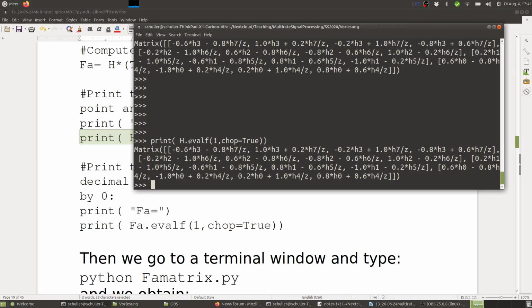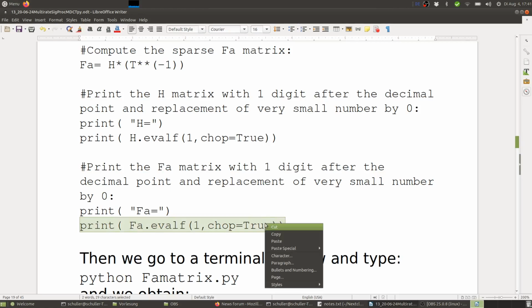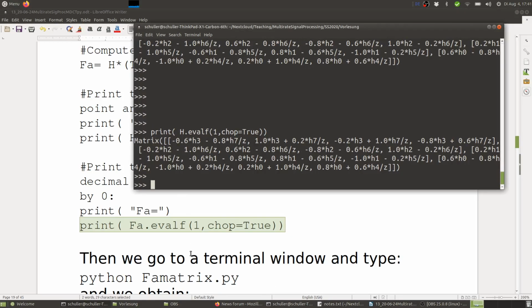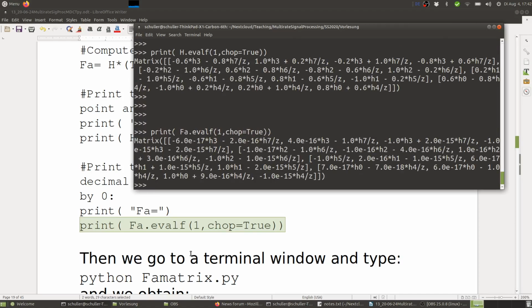So this is now our polyphase matrix for the MDCT. And now let's try it for the resulting FA. Copy. Yeah, almost. So here you can see it still has those tiny numbers which should be 0.